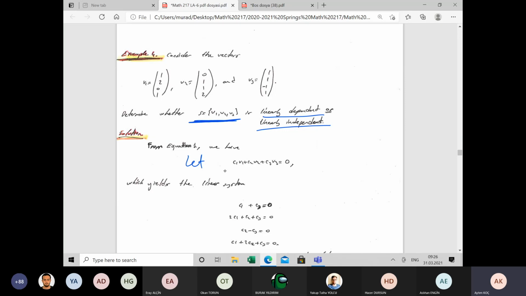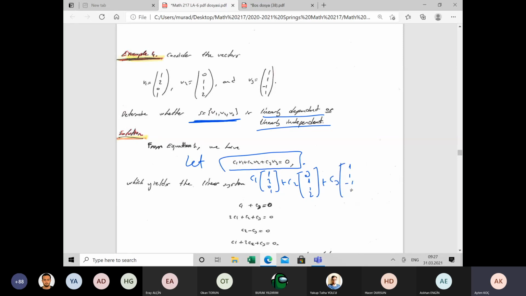Start with this: C1 times (1, 2, 0, 1) plus C2 times (0, 1, 1, 2) plus C3 times (1, 1, -1, 1) should be 0, and the 0 means the zero vector, 0 0 0 0.